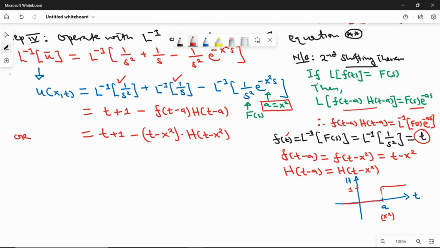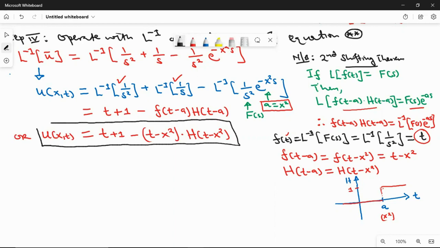That is u of x,t is equal to that. So what we have found here is the solution for our given PDE, which is subject to the boundary condition and the initial condition that was given. So this is our solution, and we have said our h is this Heaviside function.